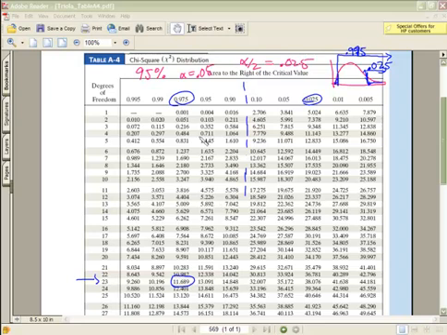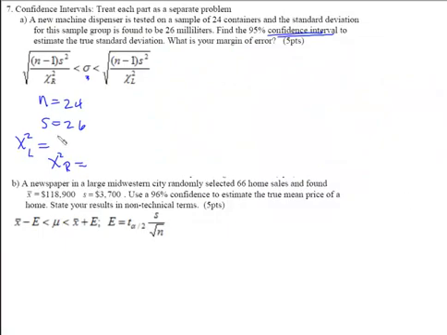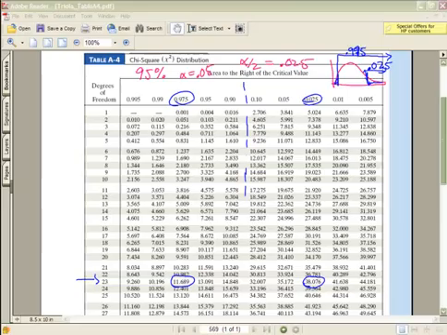The chi-squared on the left side is 11.698, and the chi-squared on the right side is 38.076.